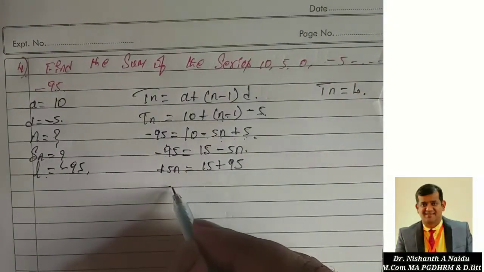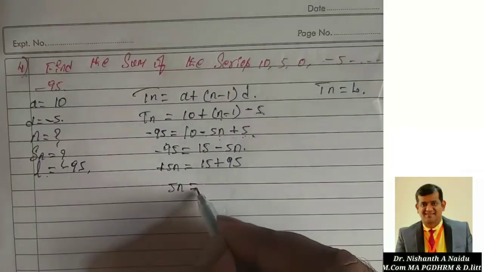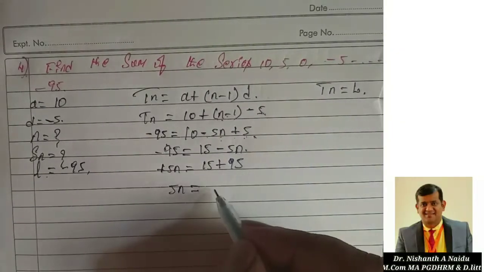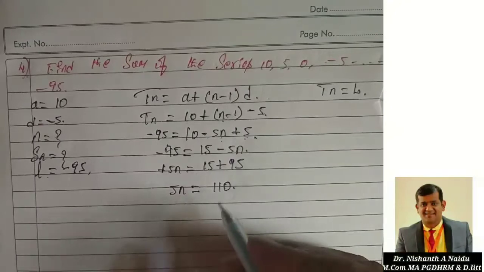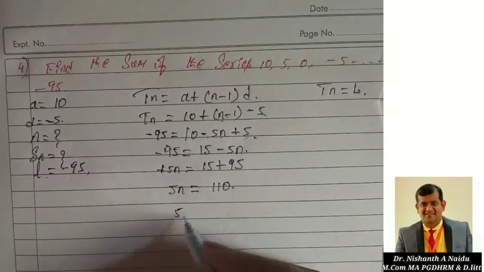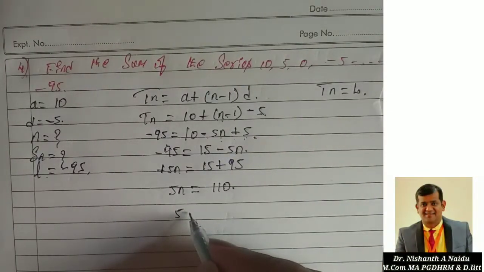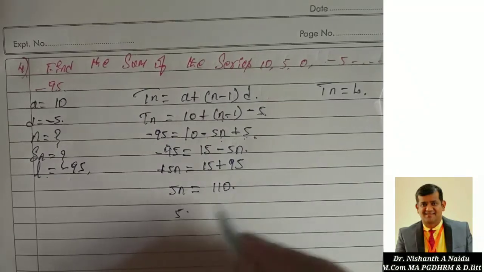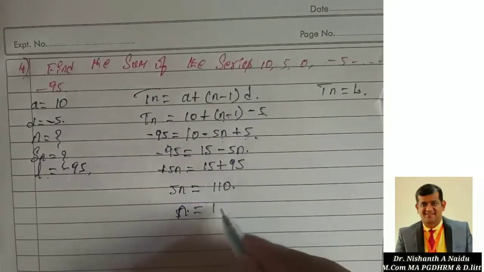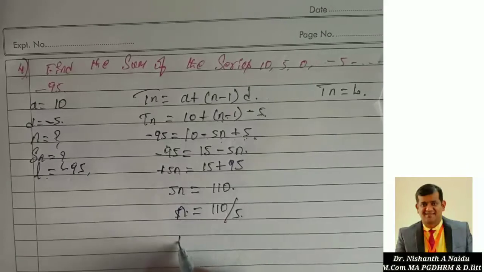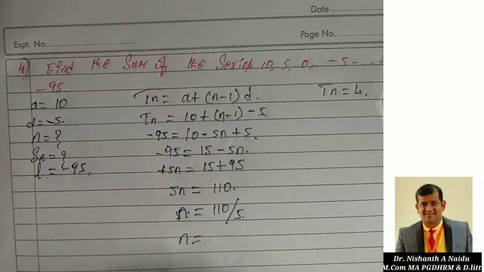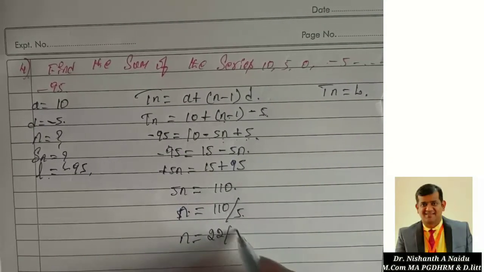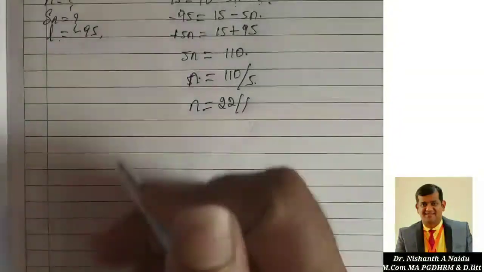Then we have 5n equals 15 plus 95, 110. So therefore n equals 110 divided by 5. So the n value is 22.